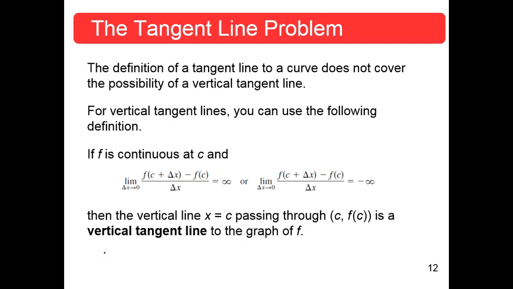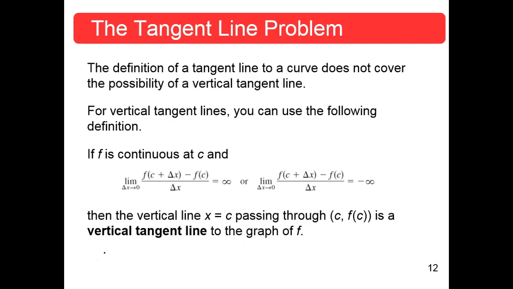You can have a vertical tangent line, but your definition of the tangent line to a curve does not cover that possibility. So for vertical tangent lines, you use the following definition. If f is continuous at c, and the limit as delta x approaches 0 of f(c plus delta x) minus f(c) over delta x is infinity, remember that, it doesn't have a limit, it's an infinite limit, but that's what we call it. If that's infinity or negative infinity, can you tell which is which?